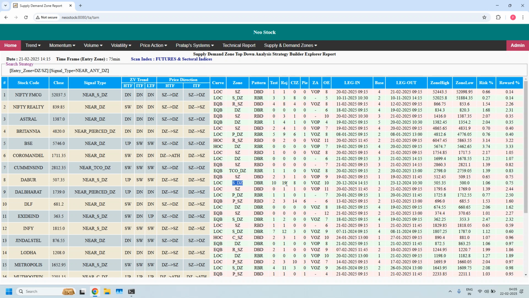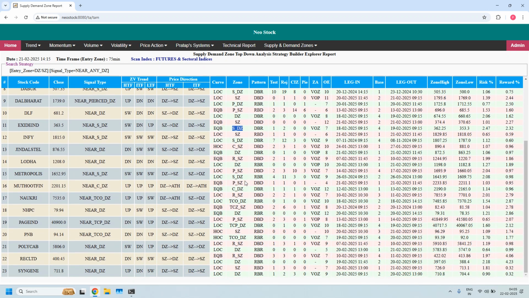Dabur is having a high liquidity zone. Tested 8-10 times, I got. Next, Exide Industries is having a high liquidity zone. Next, Infosys is having a high liquidity zone.